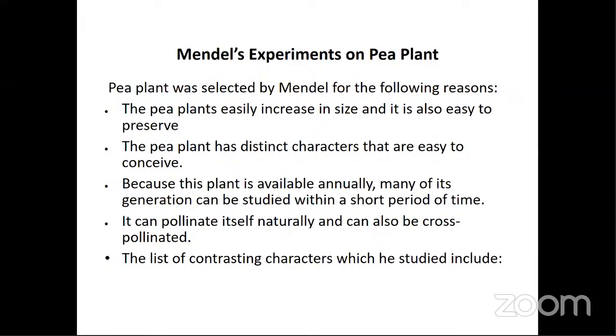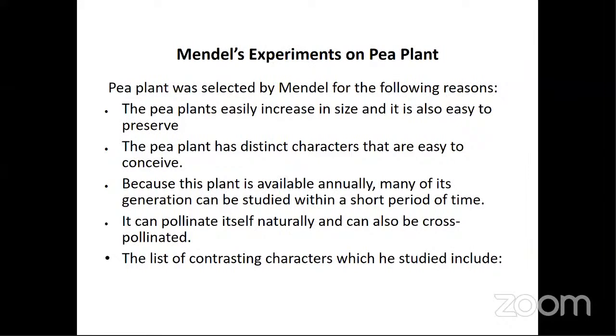For example, he observed that the pea plants easily increase in size, and it is also easy to preserve. He also noted that the pea plant has distinct characters that are easy to study. You can easily see the characters, and also this pea plant is available annually.